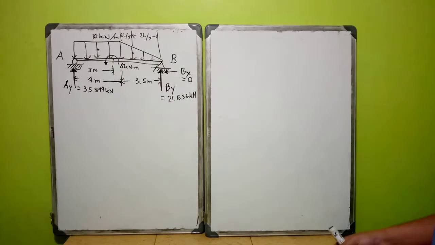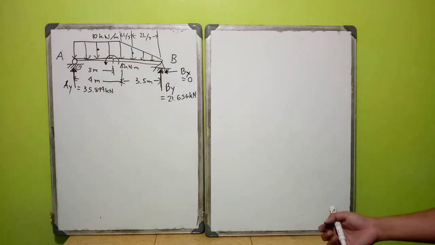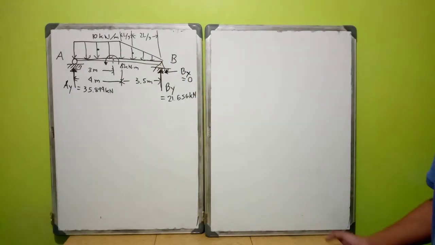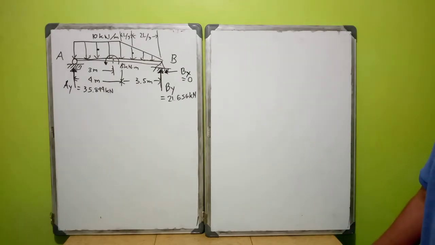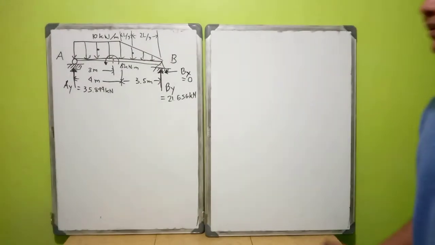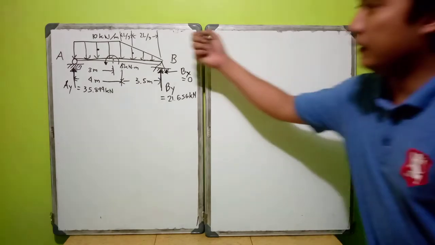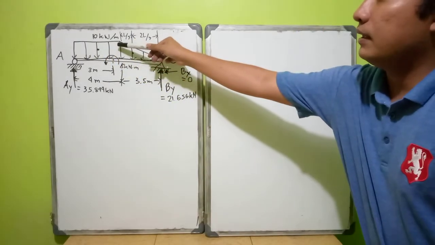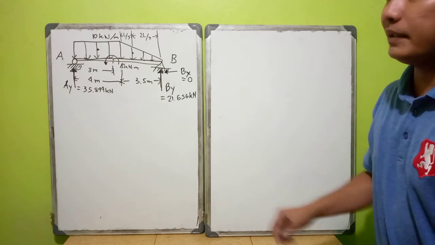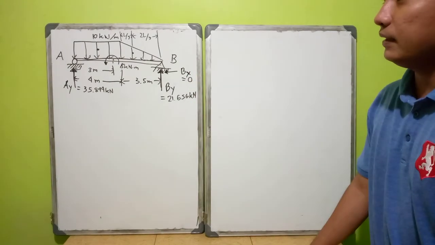So first of all, in order that we can write the shear and moment equations of a beam given a certain loading, we need to see to it that it's a distributed loading, for example. Here we can see a distributed loading, but this distributed loading changes its shape.